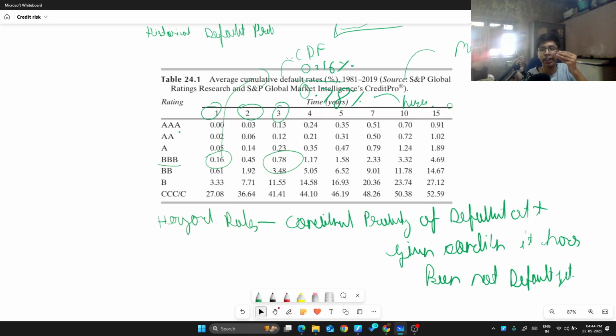So it is intact till 3 years, and after 3 years it defaults.